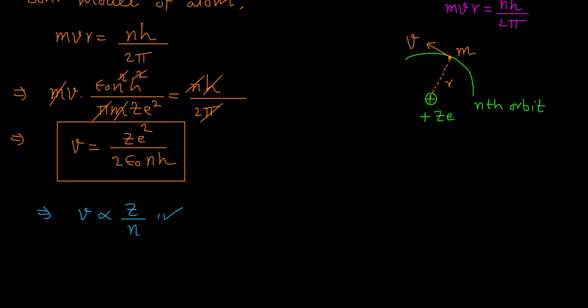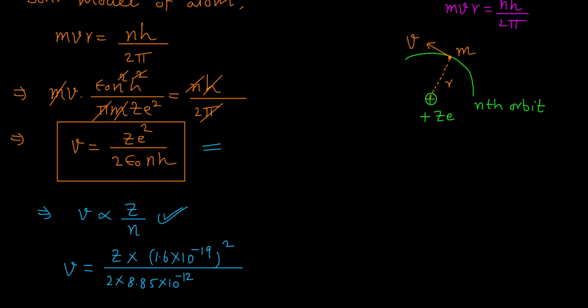This is also an important result you should remember. If we put the other constant values in this final result, Z is not a constant, electronic charge is 1.6 into 10 raised to the power minus 19 coulomb, squared. This whole thing is divided by 2 times epsilon naught, which is also a constant, 8.85 into 10 raised to the power minus 12 in SI units, into n, which is a variable, and h is Planck's constant, 6.626 into 10 to the minus 34 joule second.